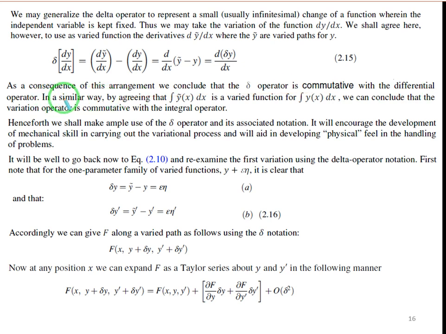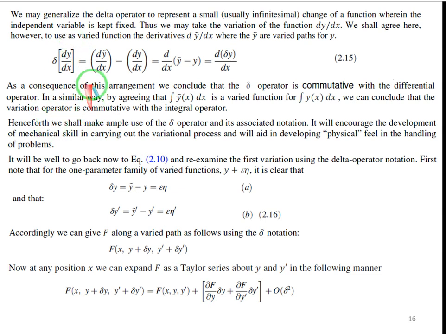In a similar way, we can show that the integral of y tilde dx is a varied function for the integral of y dx, so we can conclude that the variation operator is commutative with the integral operator, or we can say that the variation of the integral of the function is equal to the integral of the variation of the function.